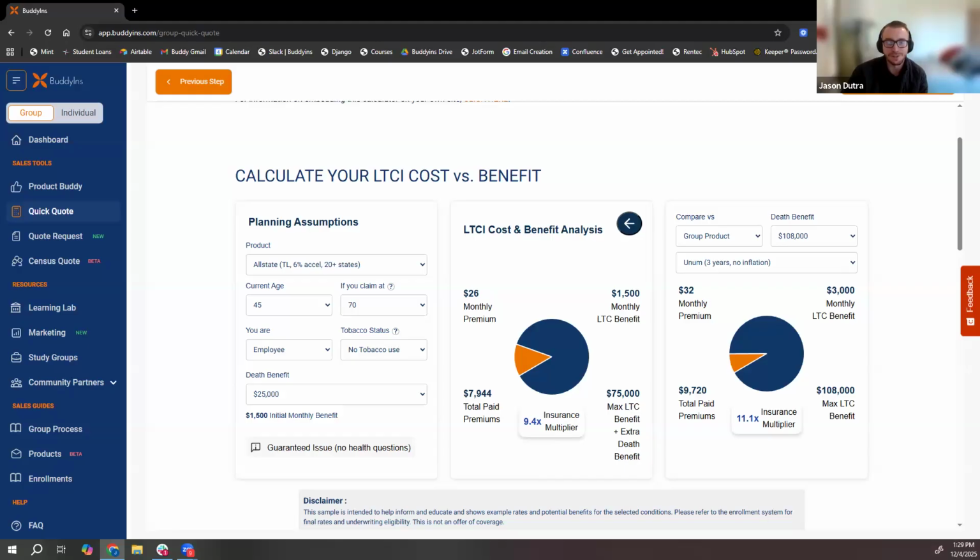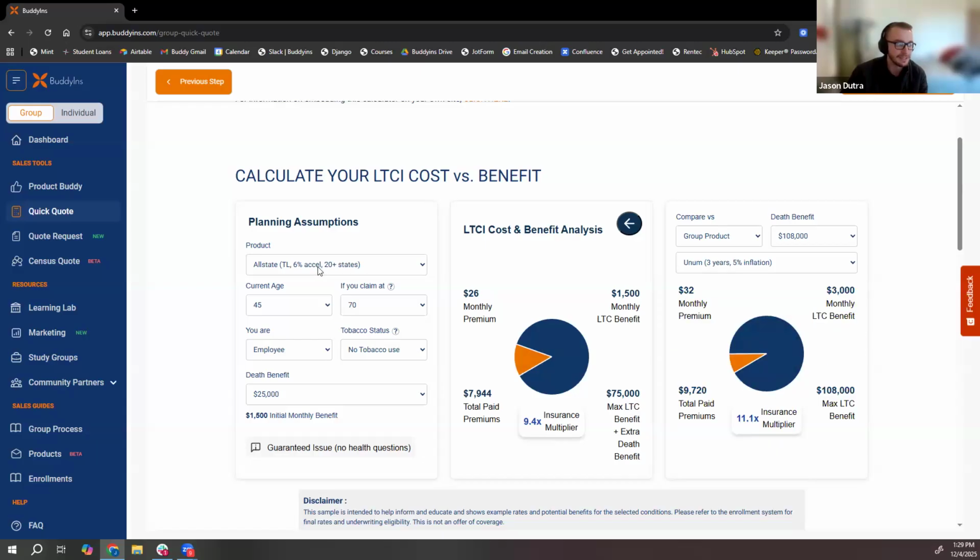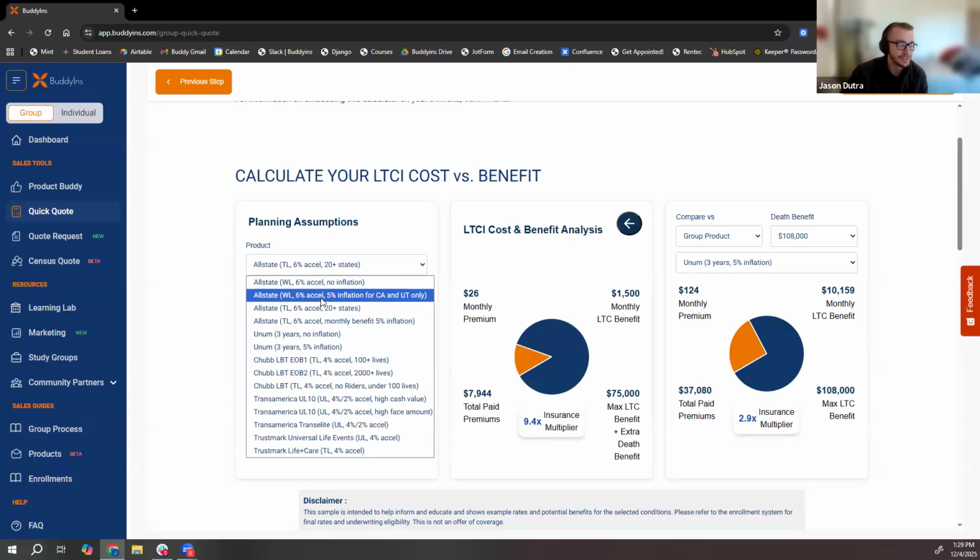So when I first started diving into the calculator, I looked at Allstate's 5%. I looked at the Unum plan for 5%, and I thought the results were pretty interesting to see where the Allstate plan was priced relative to the Unum plan that has room for rate increases. That was something that I saw as interesting.